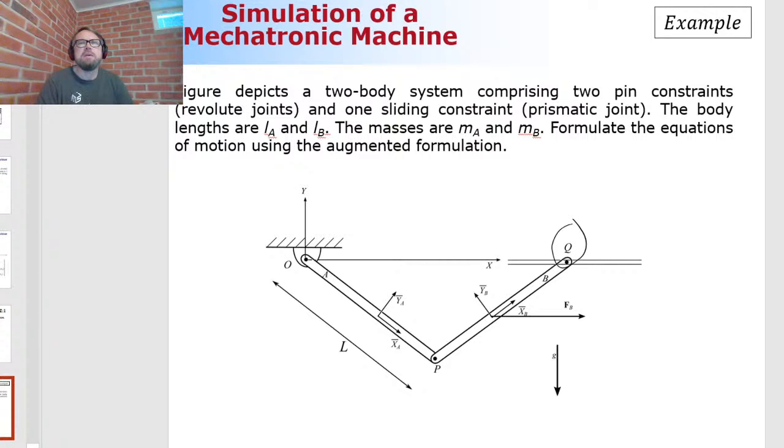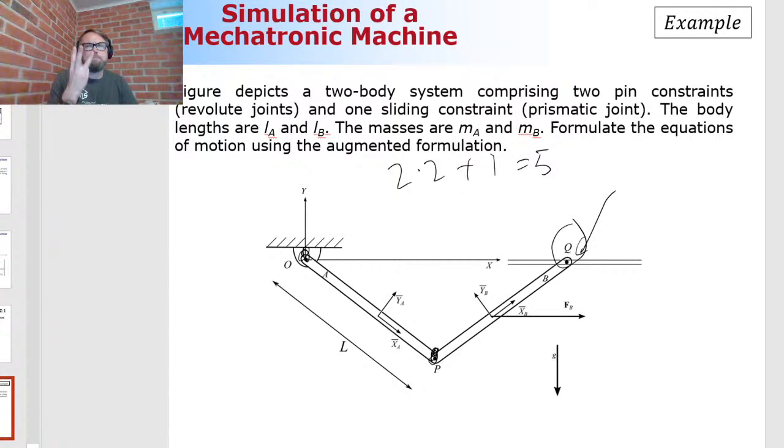Today we're going to do this example, but in a different way. This time we have constraints such that there is a revolute joint here, a revolute joint here, and a primitive joint here. That means that there is a total of 5 constraint equations, because 2 revolute joints give you 4, plus 1 primitive joint. So there are 5 constraint equations. How many generalized coordinates do we have in this system?